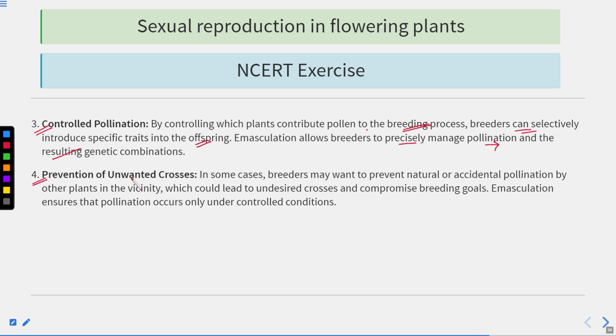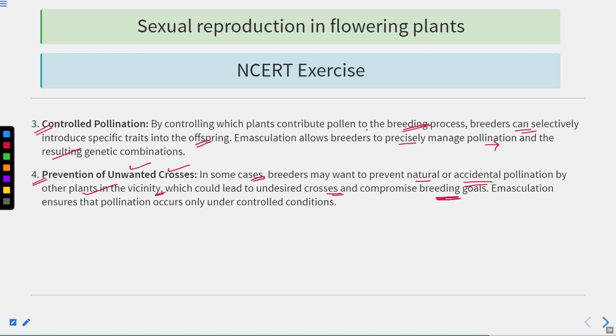Let's talk about the next point, prevention of unwanted crosses. In some cases, breeders may want to prevent natural or accidental pollination by other plants in the vicinity. We don't want pollination by undesired pollens present in the vicinity, which could lead to undesired crosses and compromise the breeding goals.